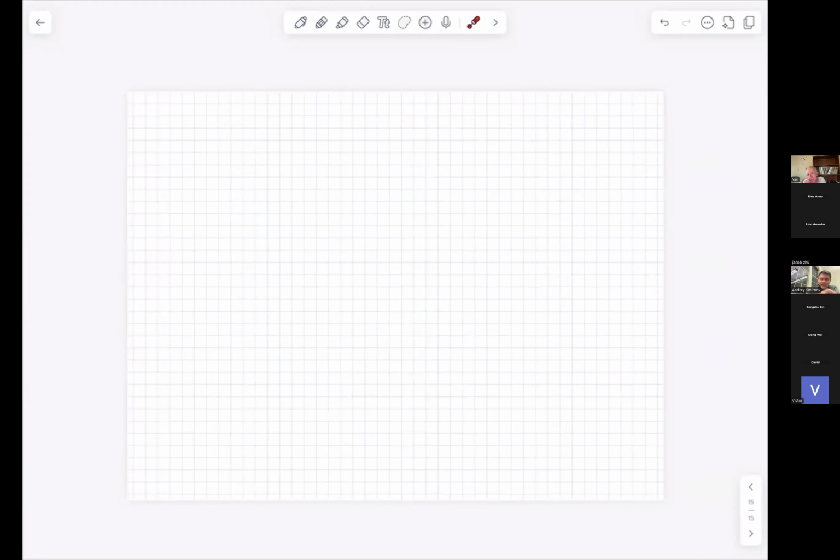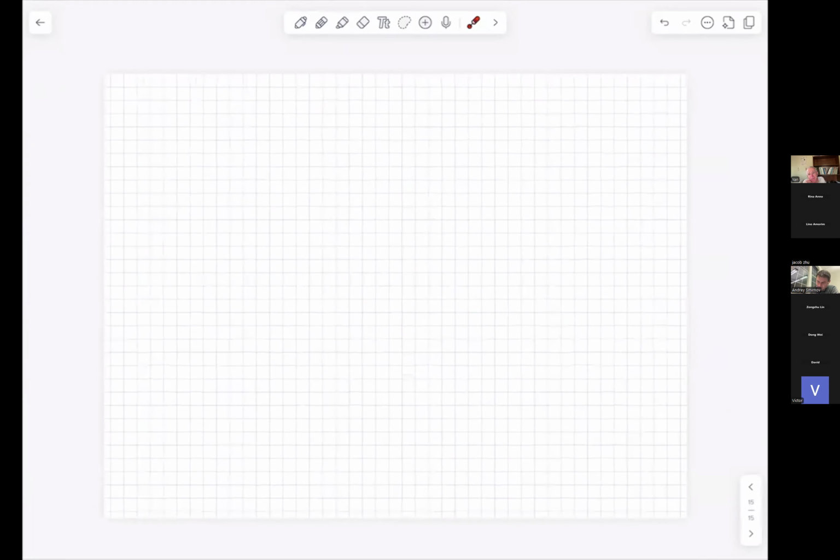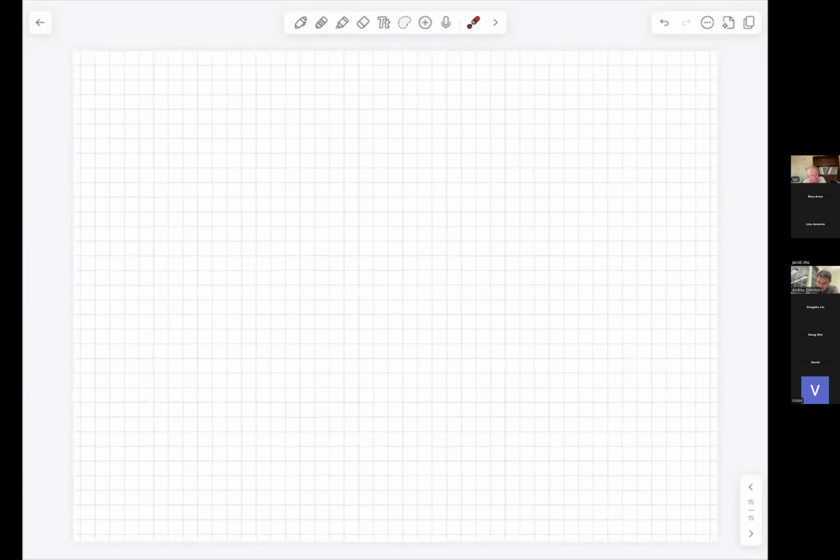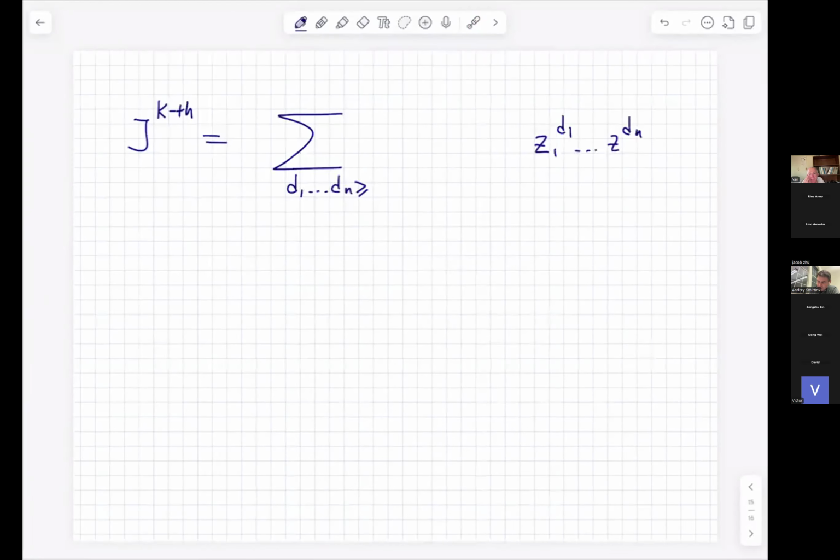Well, I believe so. Let me roughly say it. If you have the K-theoretic J function of a Nakajima variety, it's going to look like some power series in a bunch of variables, z1 to the power d1, and so on, with some coefficients.